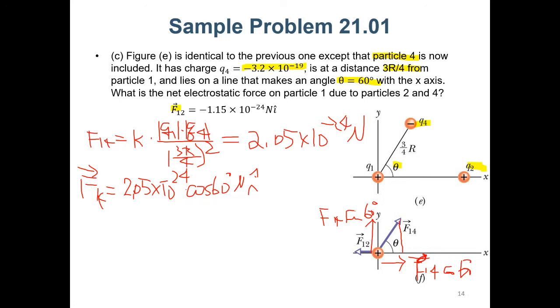So in the x-axis should be 2.05 times 10 to the minus 24 times cosine 60 degrees, plus also F14 sine 60 degrees j hat.